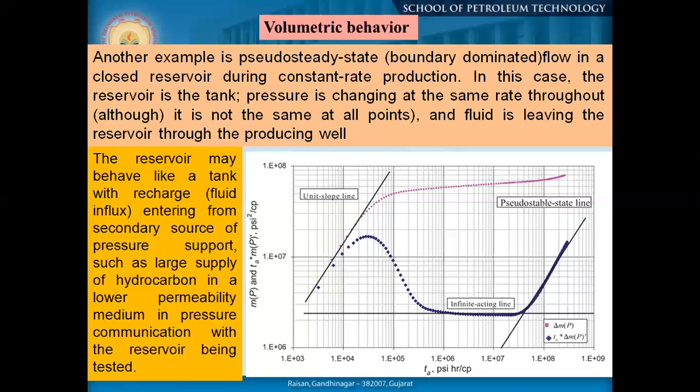Otherwise, the reservoir may behave like a tank with recharge, with fluid influx sometimes entering from a secondary source of pressure support, but not at that rate. If it is supporting completely at the same rate, you should follow the same line, but it is not supporting at the same rate.